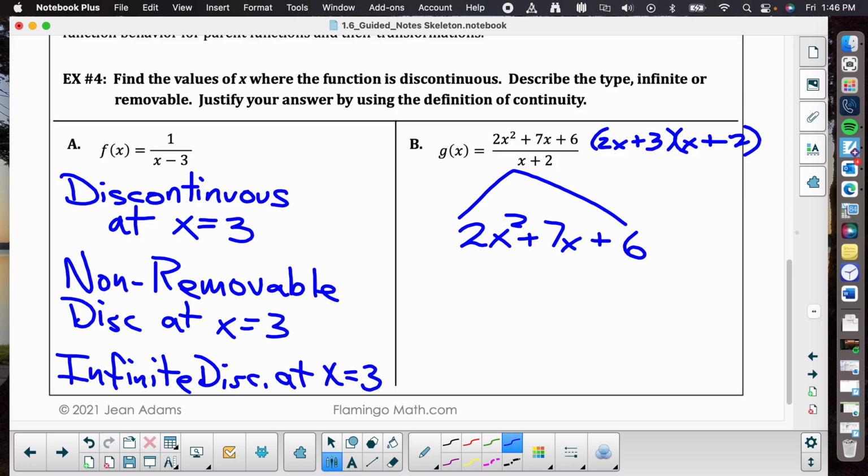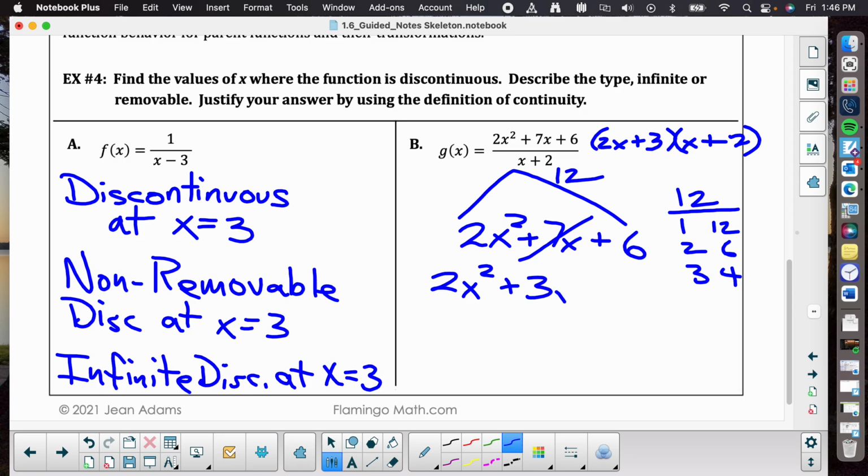Take the coefficient of the first one and multiply the outside numbers. Find the factors of 12 that add up to 7: 3 and 4. As soon as you find the correct pair, you put it in place of 7, and it doesn't matter what order you write them. Split it in half, do factor by grouping.